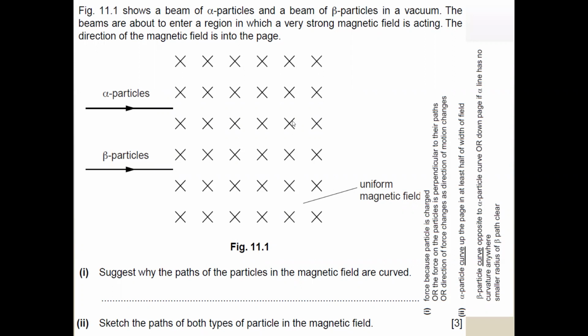Whenever objects are moving in a circular path, it is because there is a force acting towards the center. This is related to general physics. There is always a force acting towards the center. That's why the particle moves in a circular path. Now sketch the path for both alpha and beta.